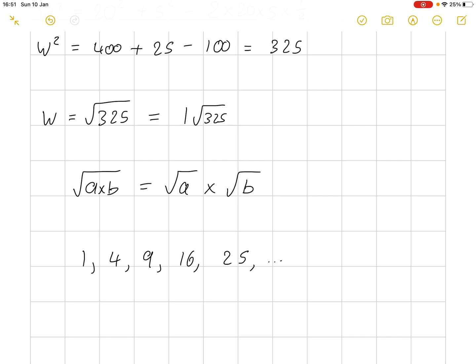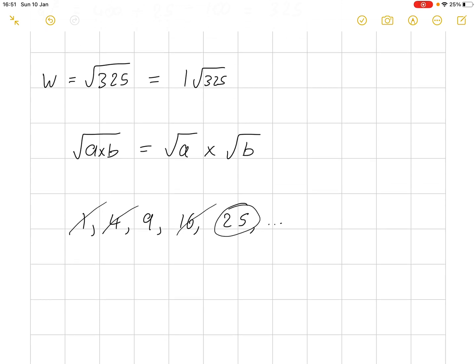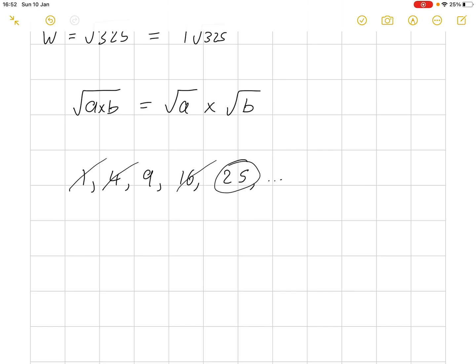Well, we see that 325 is a multiple of 5. So 25 is looking like a good start. It's not going to be 1. It's not going to be 4 or 16 either, because 325 isn't even. Could it be 9? Well, there's an easy way to check. To find out if a number is divisible by 3 or 9, you add the digits.